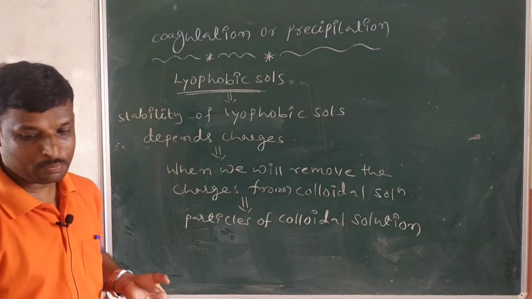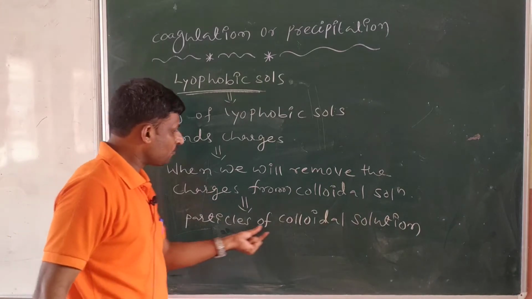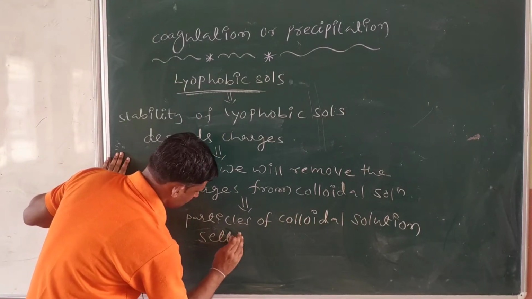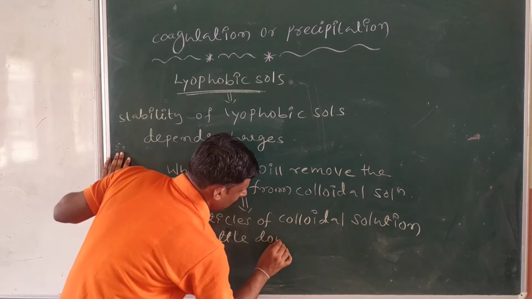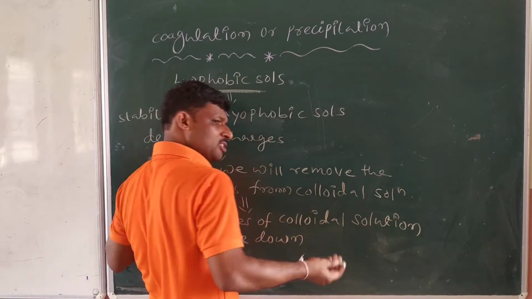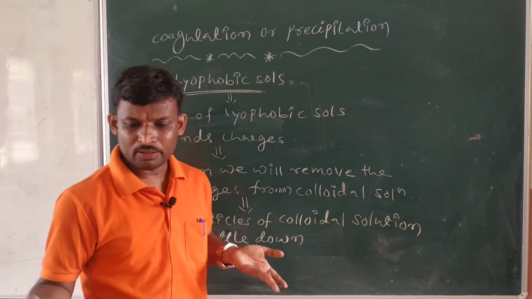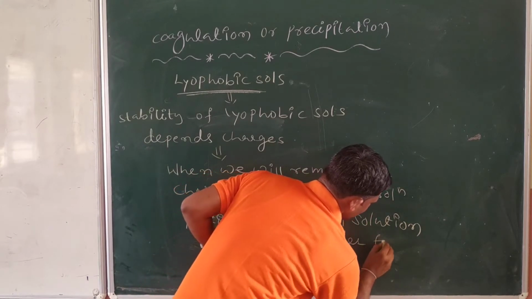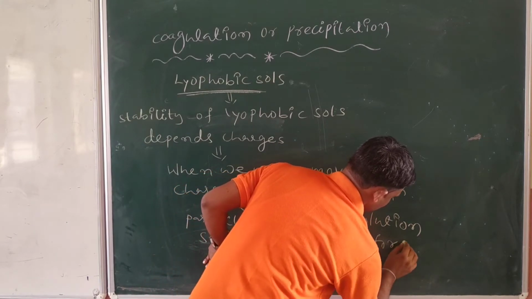The particles of the colloidal solution settle down under the influence of gravitational force. Am I right or not? So I am writing, in this case, under force of gravitation.